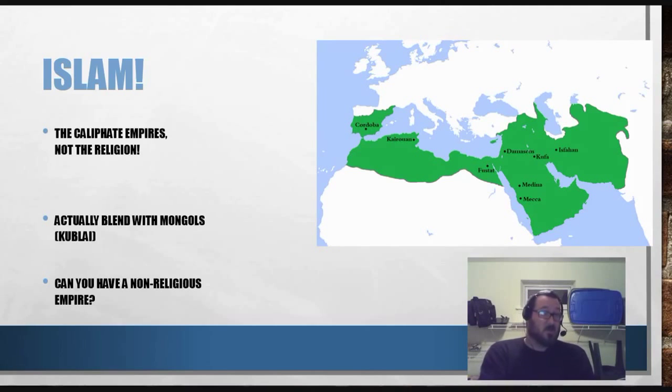Islam is not the first religion to do this. So we're going to even ask that question. Well, this is kind of spurred by religion. The Mongols have their own ideas of religion. Can you have an empire that doesn't have a religious purpose? And since we're comparing them, there's actually some blending there of Kublai Khan, who is Genghis Khan's grandson, the leader of the Golden Horde and everything, who conquers most of these territories.